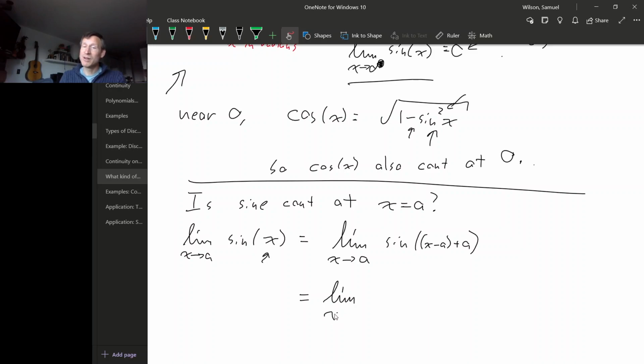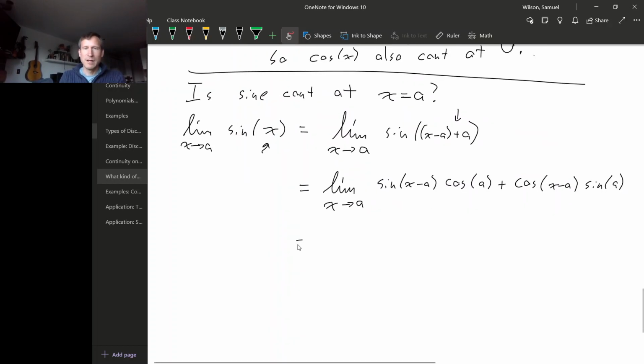But now that we have a sum inside of our sine, we can use the sum identity for sine. It says sine of the first one, x minus a, times cosine of the second one, plus cosine of the first one, x minus a, times sine of the second one.